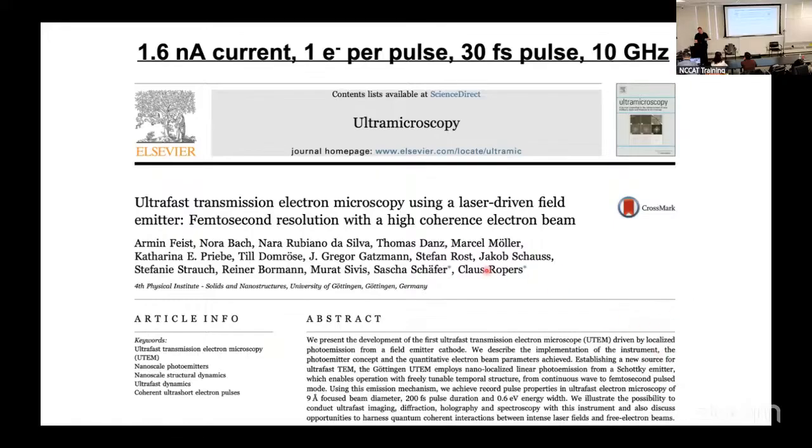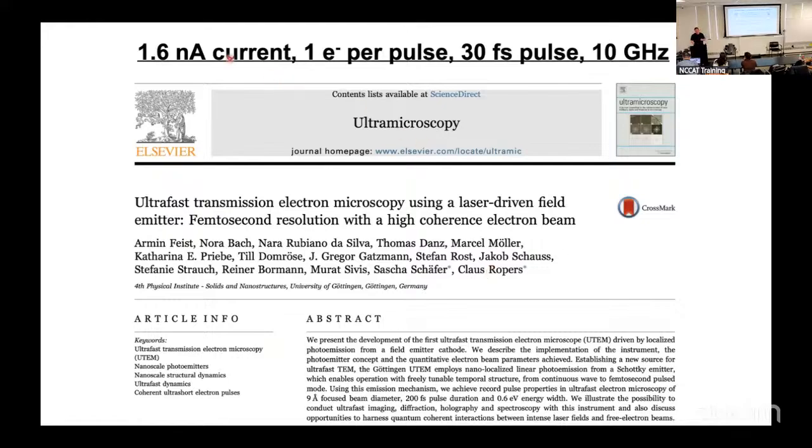These days, Claus Ropers, people like that in Europe, JEOL, the company, are developing unique photoemission sources. So actually making the FEG more suitable for photoemission because they want to be able to strobe the beam in this way. They want to be able to do pulsed electrons.